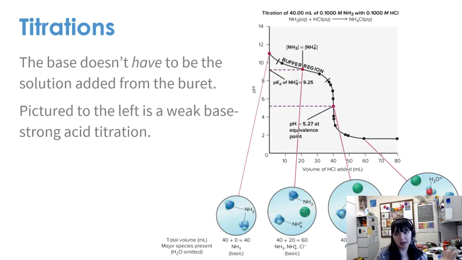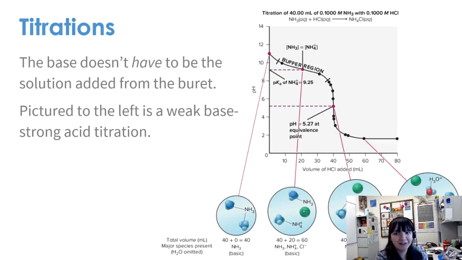The way this looks is essentially flipped from what we saw before. It's like a mirror image of it. You start with a high pH because you have just your pure base in solution. Then as you continue to add hydrochloric acid, the pH lowers, but still we see some important areas noted here.